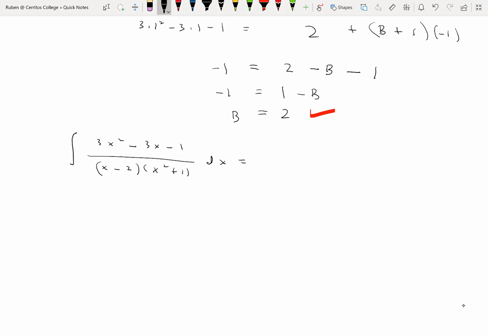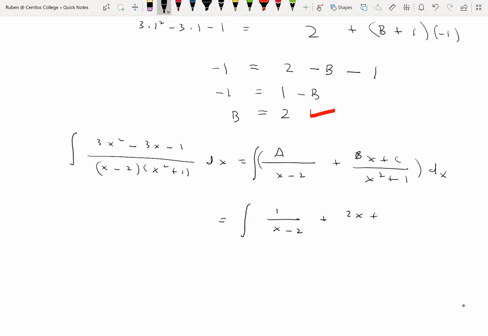And remember, I was assuming that the rational expression came from a over x minus 2 plus bx plus c over x squared plus 1, sorry. So let's get those constants in. A was 1, b is 2, c is 1, and hopefully this integral that results is easier for us to evaluate than the original integral.